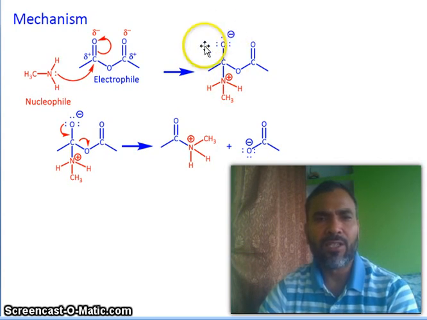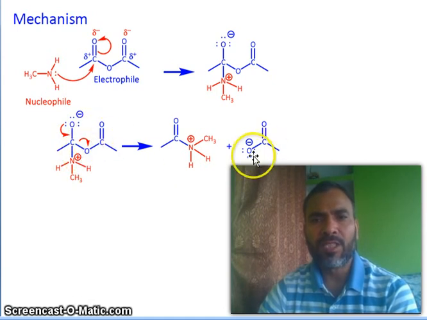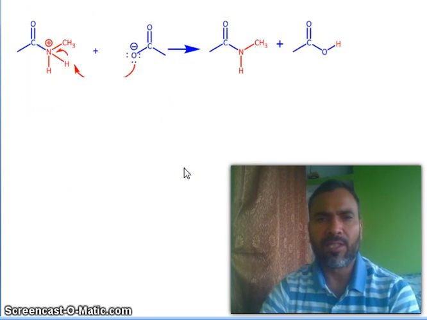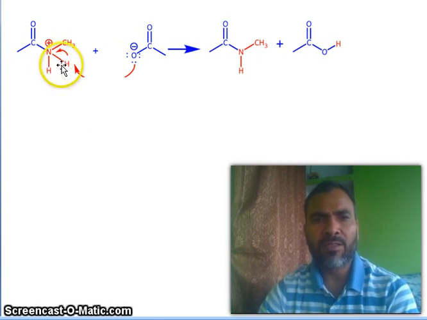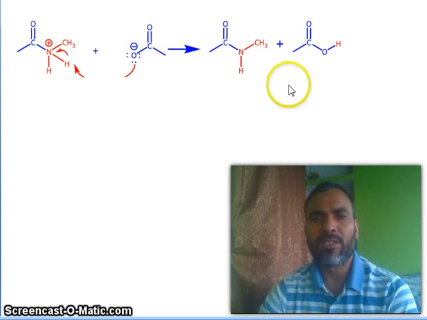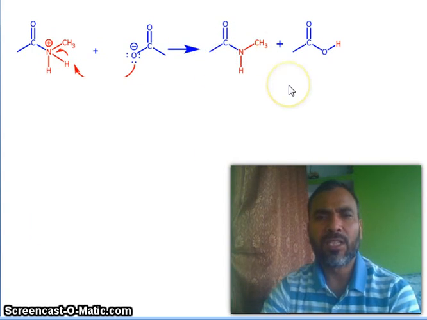Now the lone pair shifts on this carbon-oxygen and forms a double bond. Meanwhile this bond will break and form an acetate ion, and this is the product. The acetate ion then takes this proton, and this bond shifts onto nitrogen, forming these products. So this is all about the reaction.